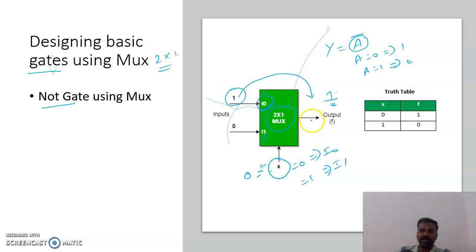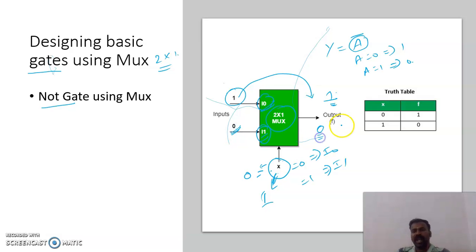As per the NOT gate design, when x equal to 0 it selects I0. Then I change my input, x is equal to 1 now. For this condition my output is 0, so I need 0 here. x equal to 1 means it selects I1, so I give my input as 0.